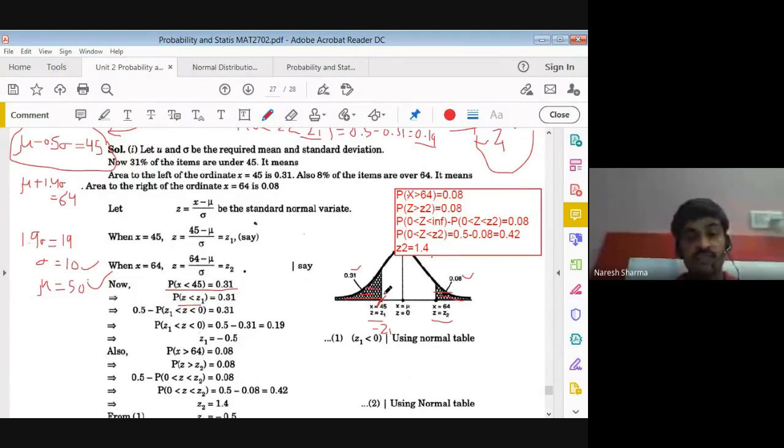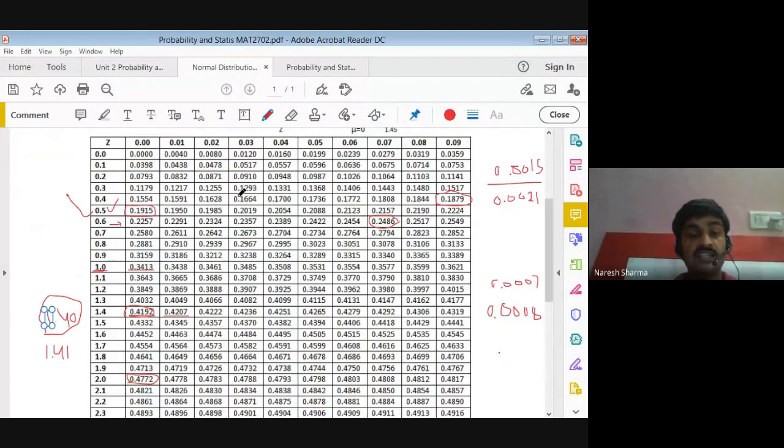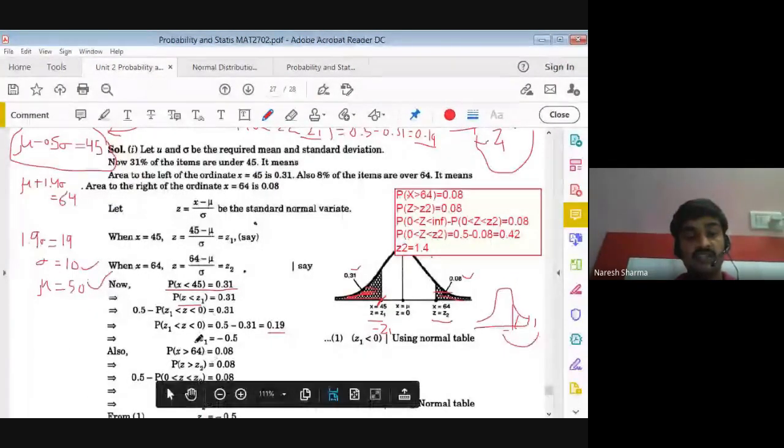So this we assume is z1 when x is 45, and z2 when x is 64. Z2 to infinity we may say is 0 to infinity minus 0 to z1. If we do this calculation, that is 0.19, and you just see the probability distribution table, check where the probability is 0.19, and the corresponding value of z is called z1 with respect to x equal to 45.